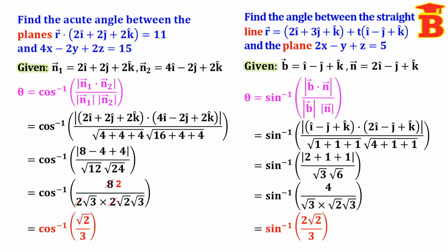So we get the answer sine inverse of 2 root 2 divided by 3, and this is the answer. We stop with this because we cannot write the angle. This number is not a table value. So we stop with this, and this is the answer.